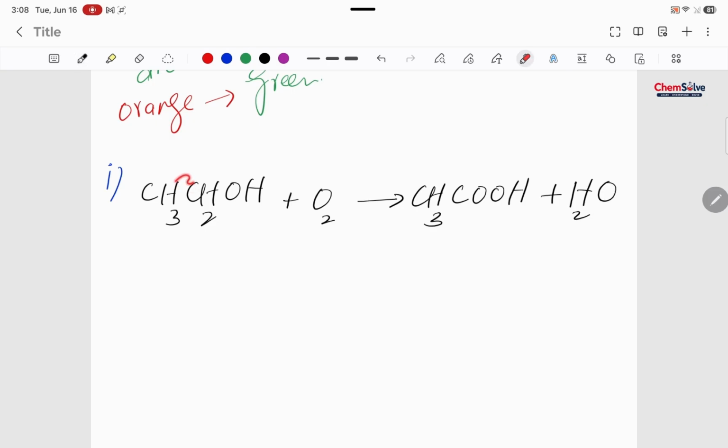So basically this CH3 remains the same. I just took out this hydrogen from here, and this hydrogen is here. And instead of this hydrogen, I add this CO here. And the O came from the oxygen.